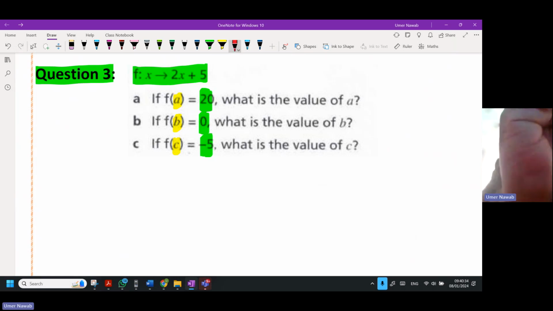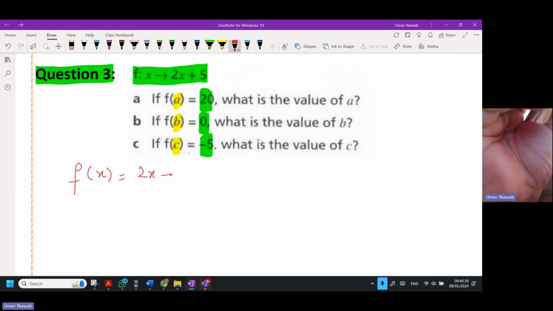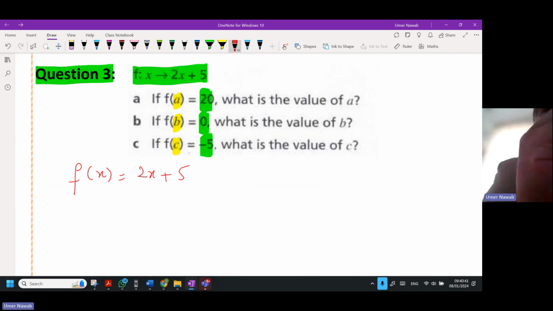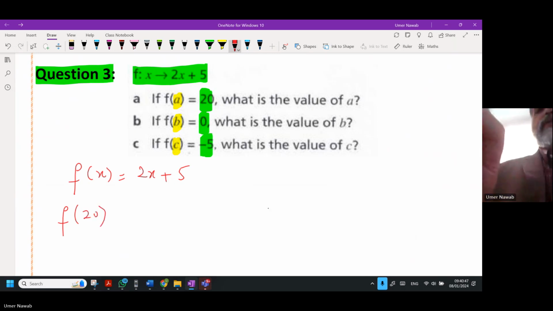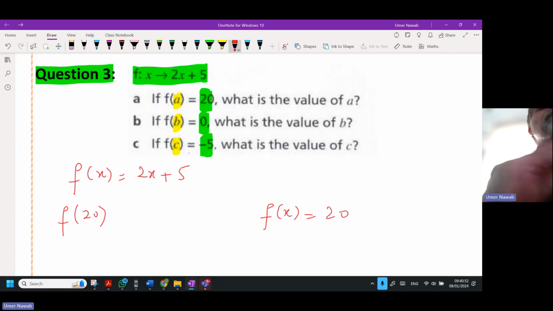Suppose in the exam, I have a function 2x plus 5, and he asks me two types of questions. What is f of 20? And what is x when f of x is equal to 20?